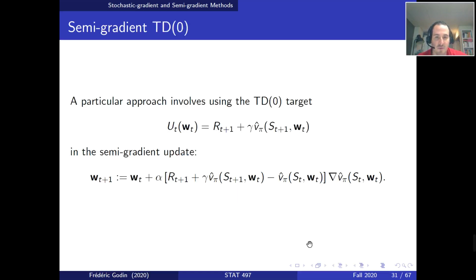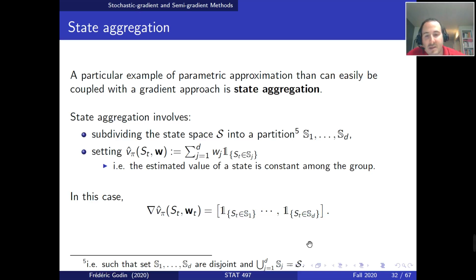So if we go back to where we were, we see that for any state the value of the gradient is 0, 0, 0, 0, 1, 0, 0, 0, 0, where the 1 corresponds to the aggregate in which the state st falls.